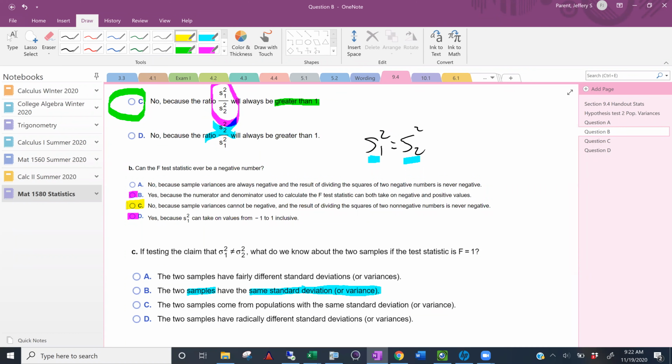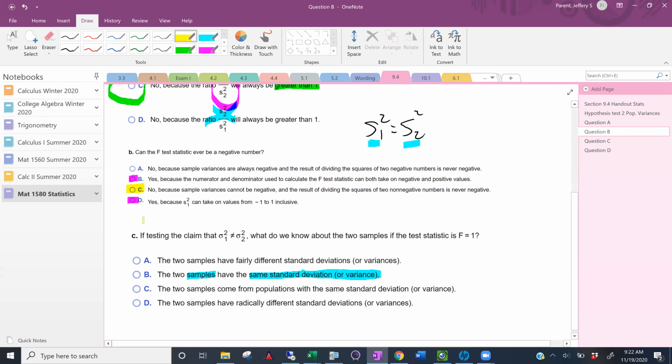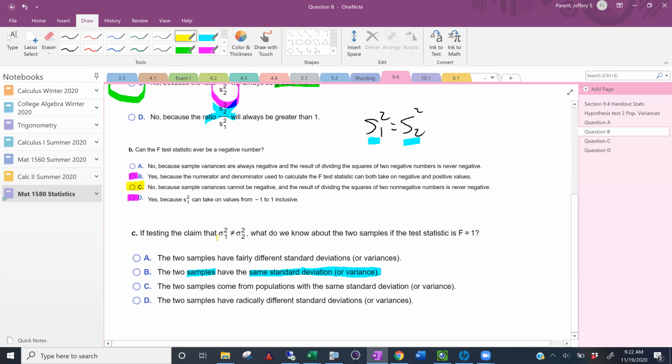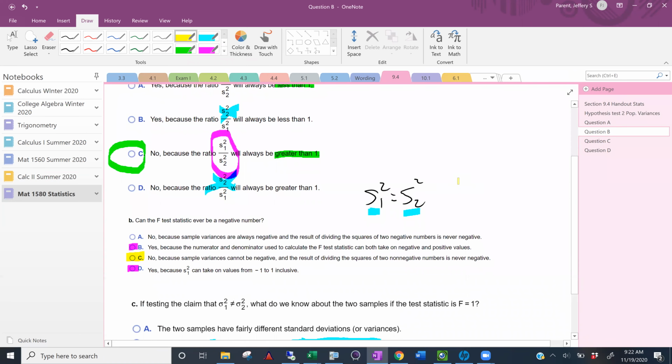Okay, so one last thing in terms of a homework warm-up problem. In testing the claim that sigma 1 squared is not equal to sigma 2 squared, that is, the variances are different, what do we know about the two samples if the test statistic is 1? Well, let me do that over here.